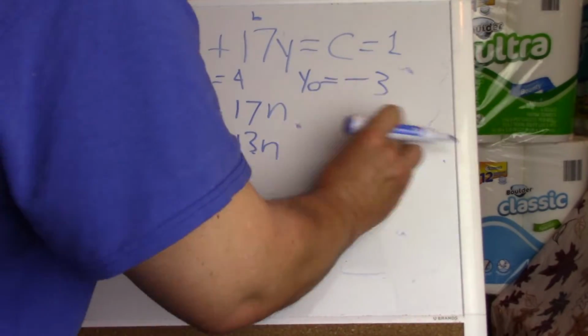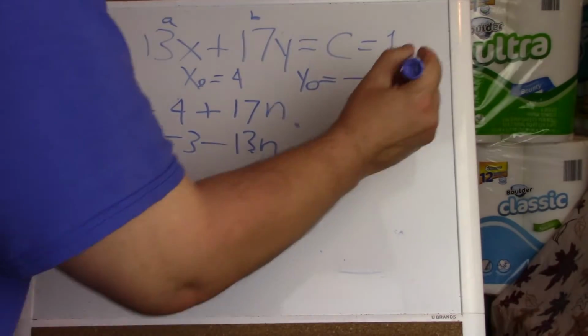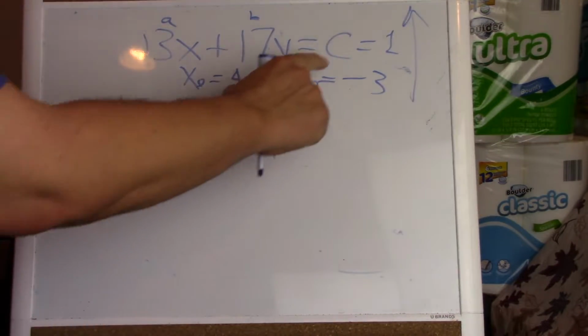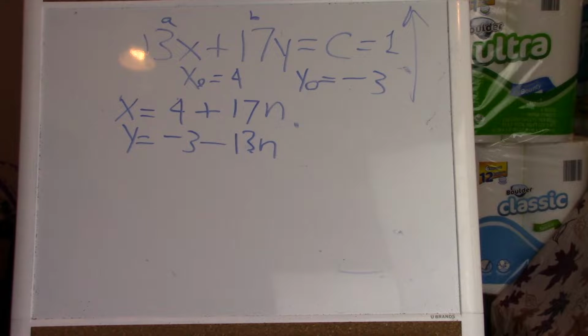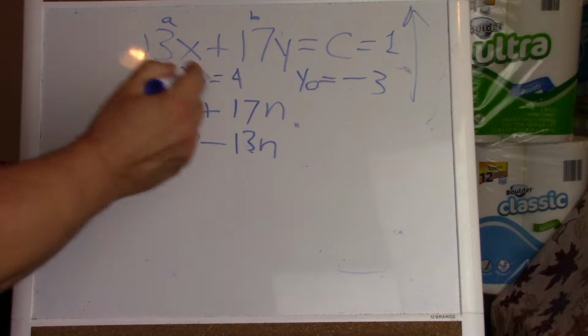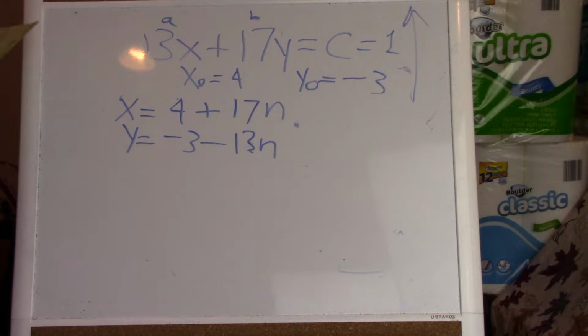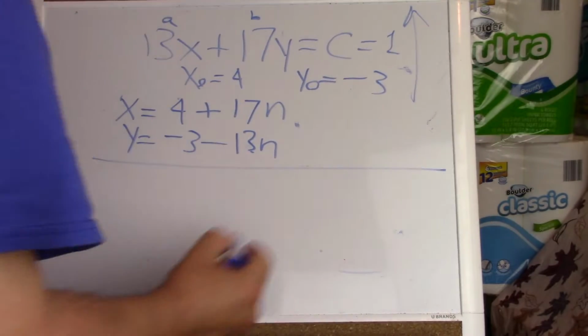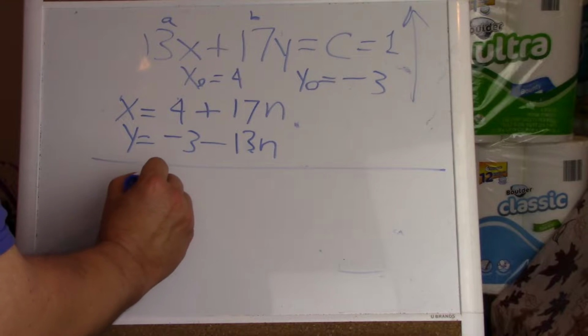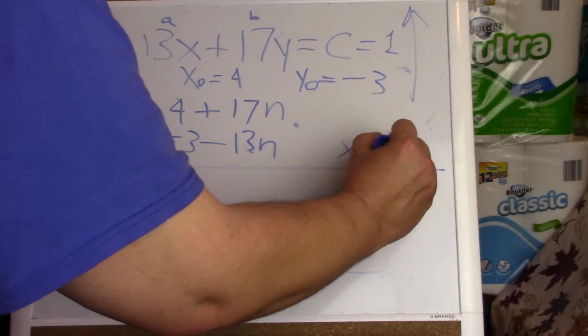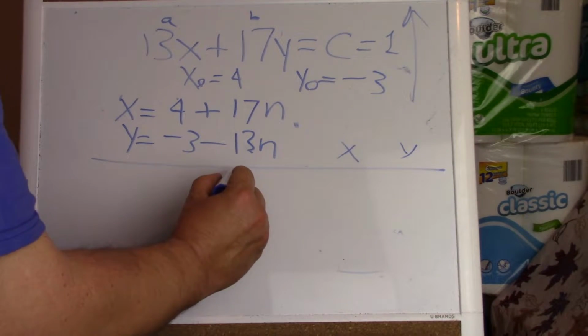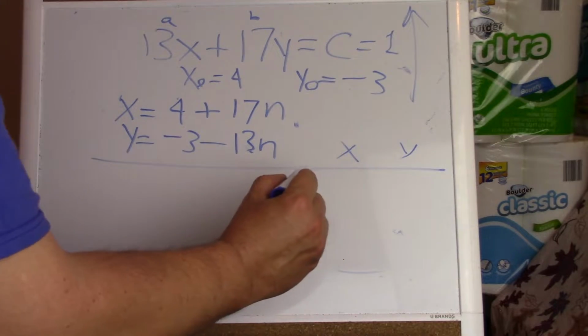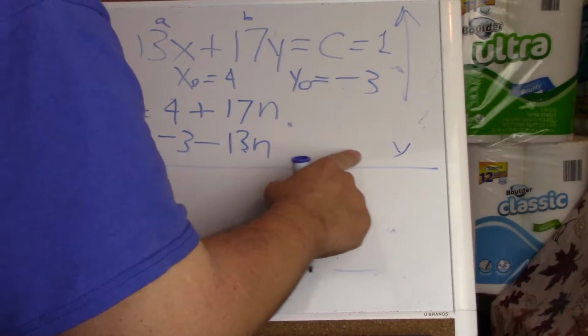Okay. Then if we want to keep bumping up the c to any other value, especially if we want to get to the point where we have positive values for x and y, just to give you an example, you can do a little table where you say values of x and y, and then values of a and b.